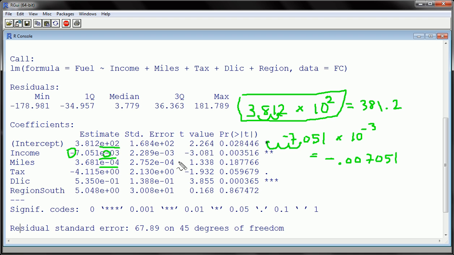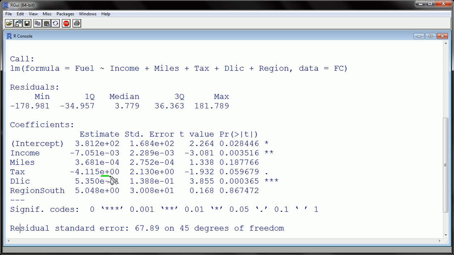That's what that number actually is. And as you see here, times 10 to the 0 just means it's negative 4.115. That's actually what it is. So take some care in interpreting these coefficients. They're written in scientific notation, so refamiliarize yourself with this.